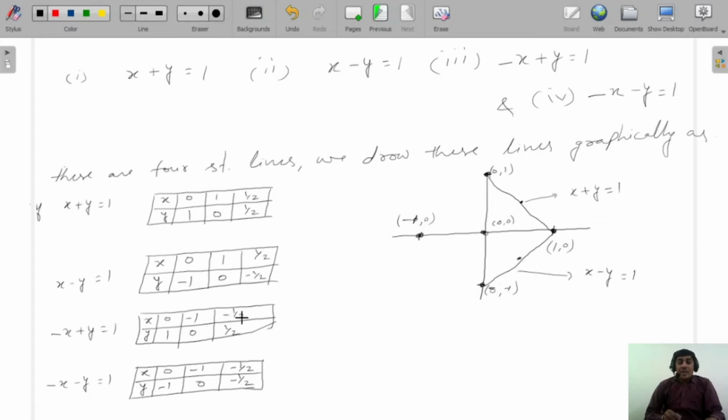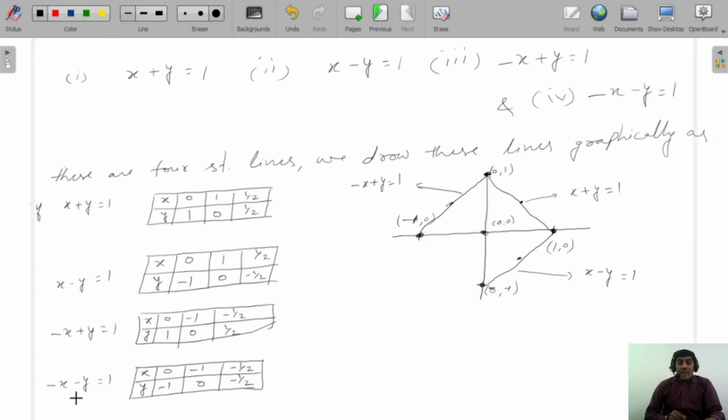And x is minus 1 by 2, y is 1 by 2 is this point. Joining these points, this line represents minus x plus y is equal to 1.